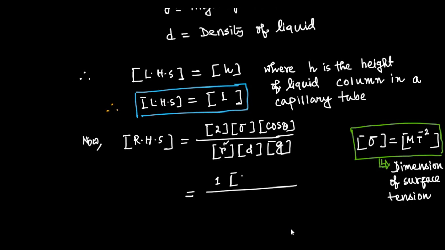So finally we get what? Dimension of 2 is 1, dimension of sigma is equal to MT to the power minus 2. Dimension of cos theta is 1 because cos theta is dimensionless. Dimension of r square is L square.